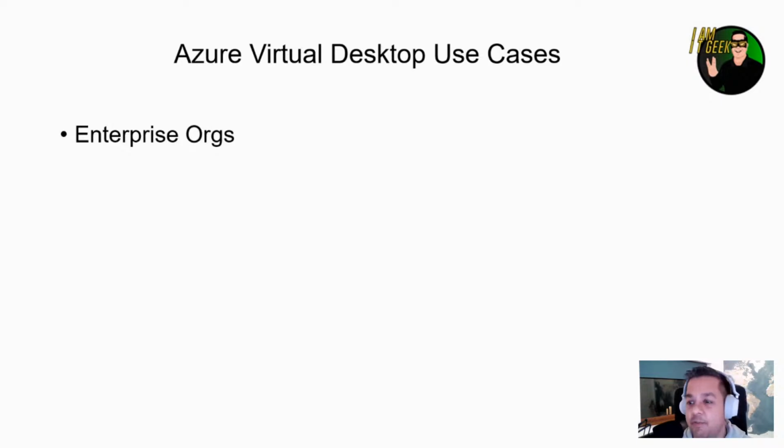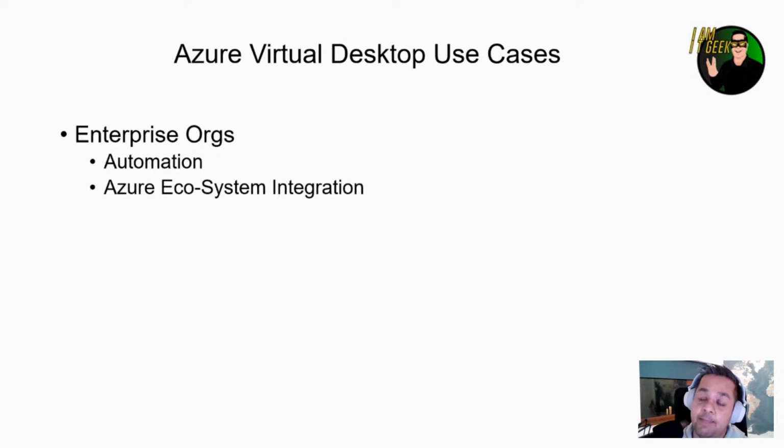Being able to integrate it with things like Terraform and services like that, that's where they're seeing a lot of value. Like I said, automation is what's geared towards the enterprise orgs, and that's why they pull towards it rather than Windows 365 Cloud PC. Another big selling point is the integration with the rest of the Azure ecosystem.